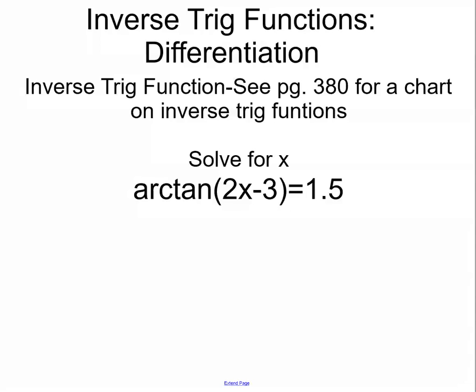This first section is going to be looking at derivatives of our inverse trig functions. So arcsine, arccosine, arctangent, arccotangent, arcsecant, and arccosecant. If you're looking at that sheet, it's number 19 through 24 on the derivative parts. Okay, so when we get to doing the derivative stuff, that's what we're going to do.